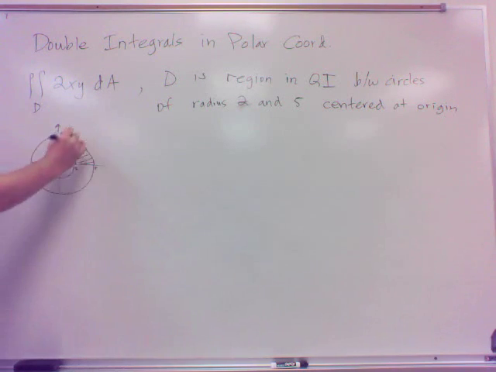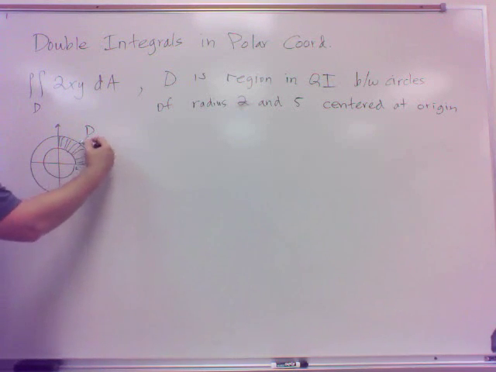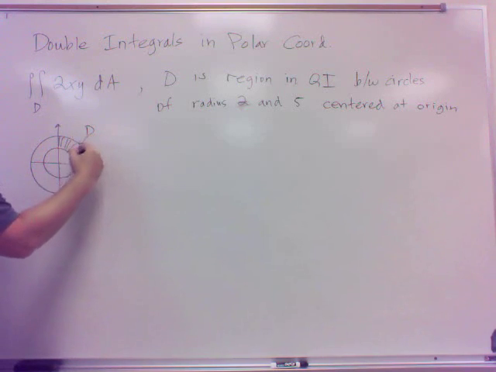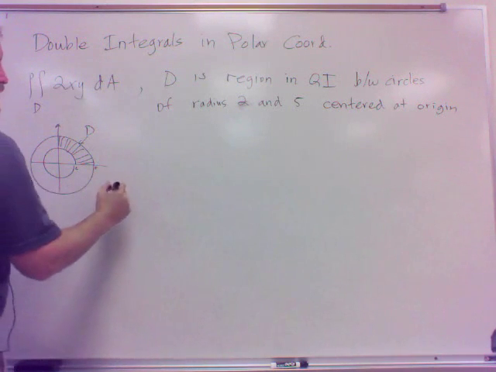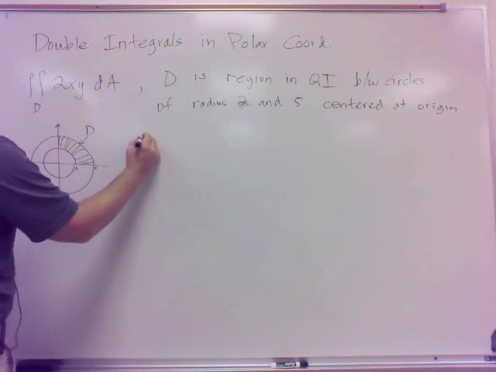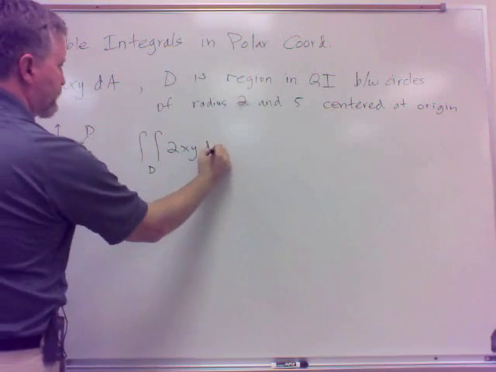That's my D. That is much easier to describe in polar than it is in x and y, because you've got some things there. So anyway, let's change this integral to polar.